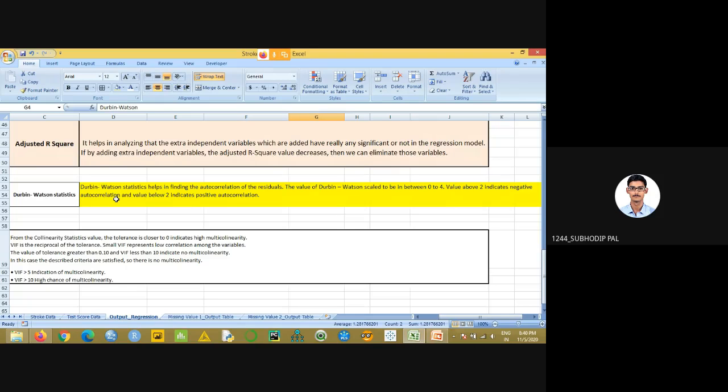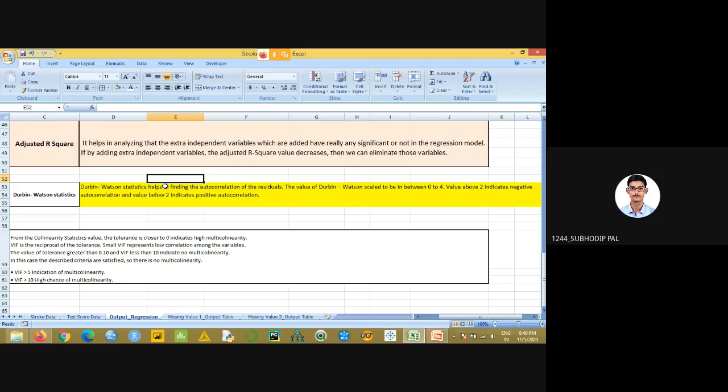Correct? And a value below 2 indicates positive autocorrelation. Remember this one, we sometimes get confused. Above 2 means negative, below 2 means positive. Got it? You have to remember this.